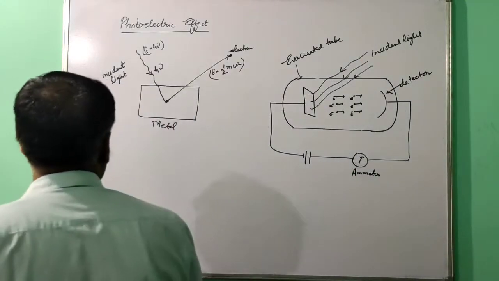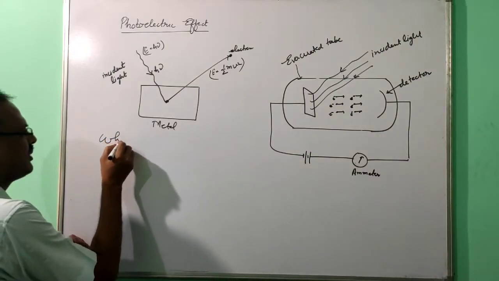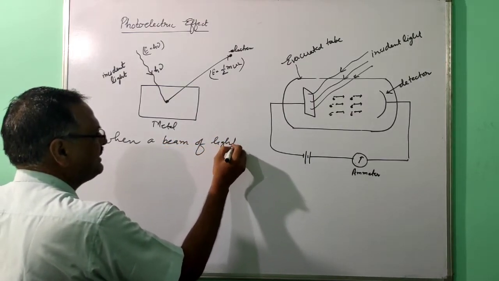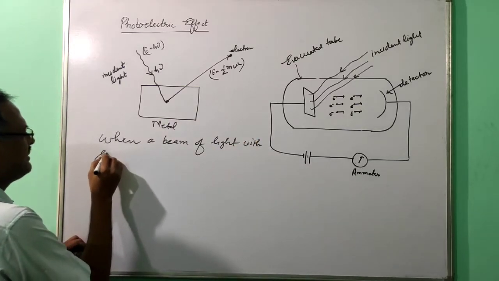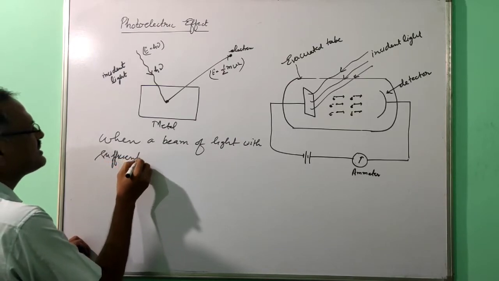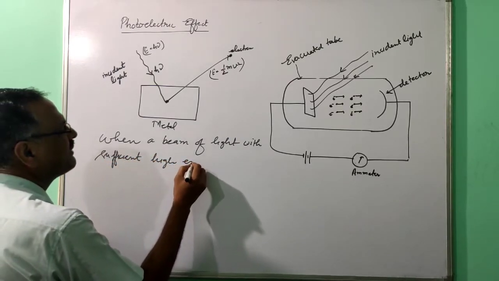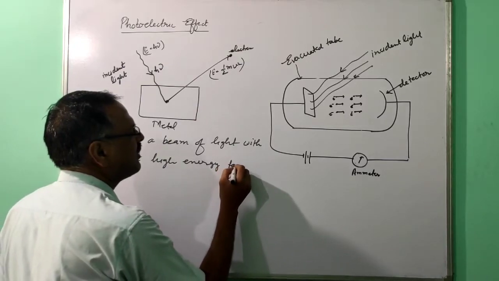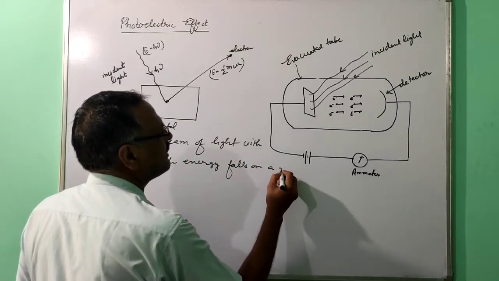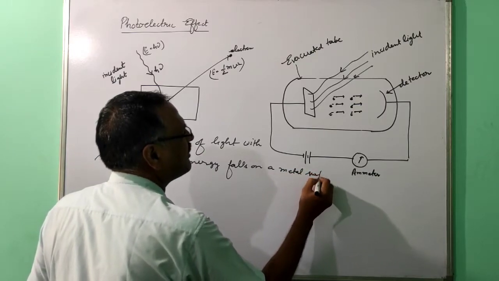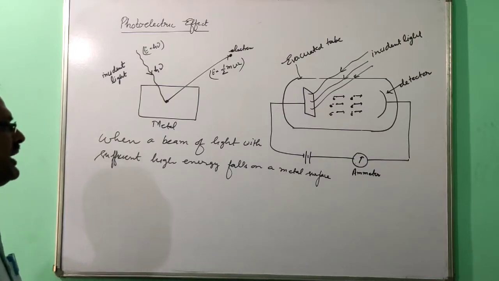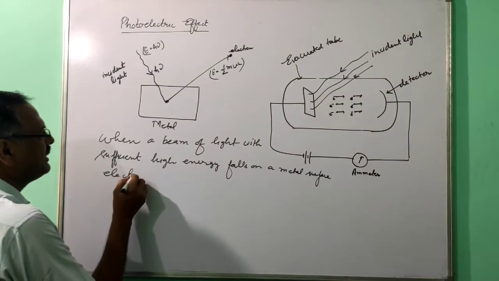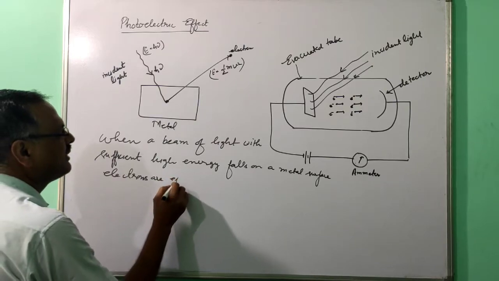So first you write about the photoelectric effect. When a beam of light with sufficiently high energy falls on a metal surface, electrons are ejected.